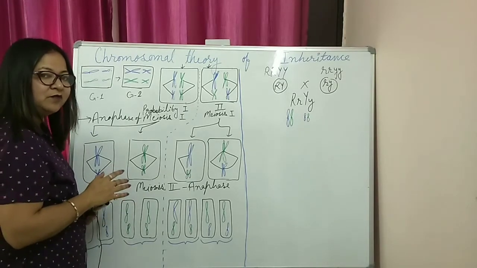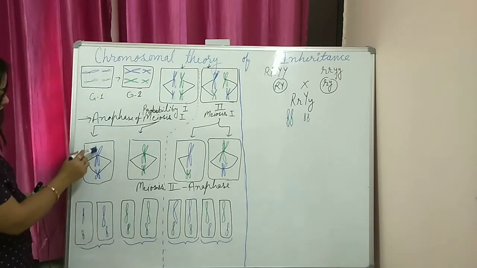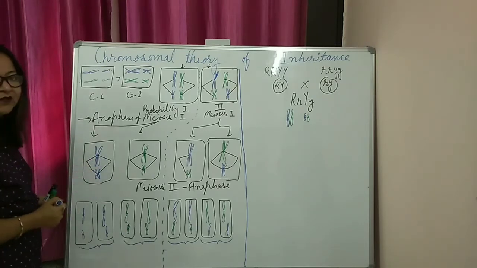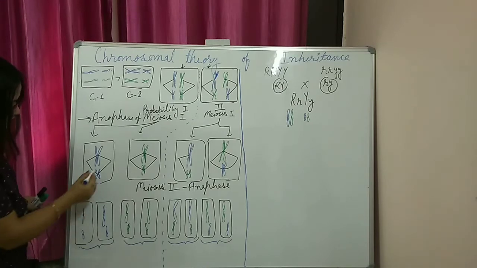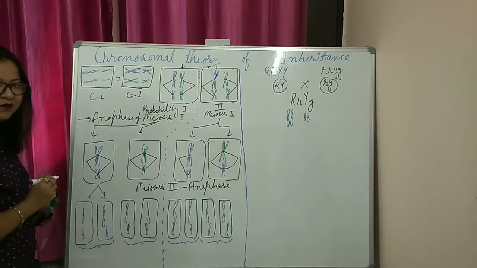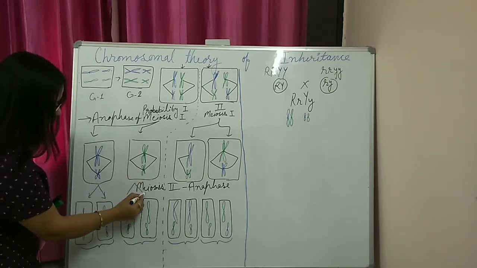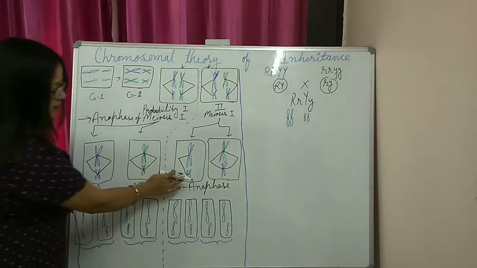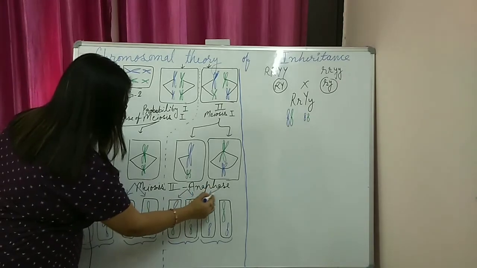At the time of meiosis II, the chromosomes arrange in a single line and there is separation of sister chromatids. So in this way, from this single cell we have 2 gametes formed. From this arrangement we will have these 2 types of cells, and in the other probability it can be shown like this.